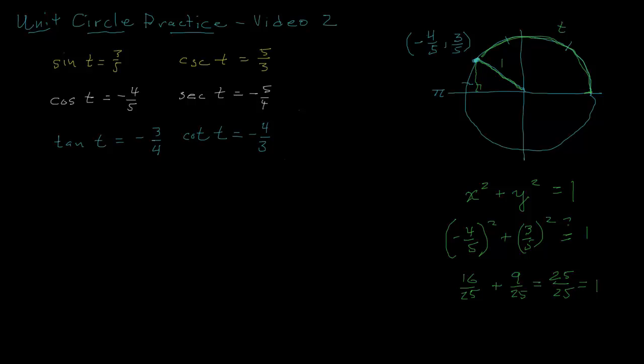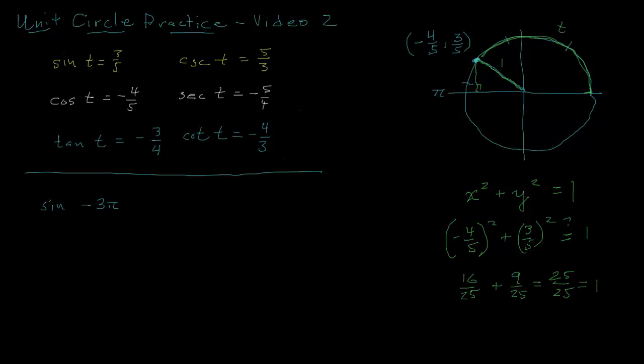Now we want to be able to use period as an aid. Let's look at a problem like this. Suppose you want to know what's the sine of, and I'm just going to come up with a number like negative 3 pi.